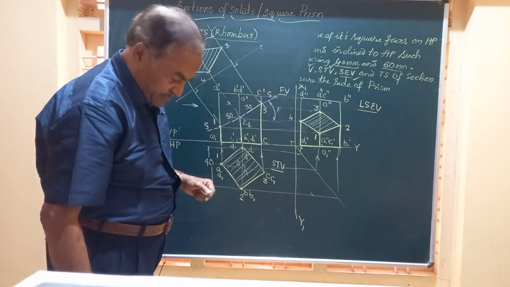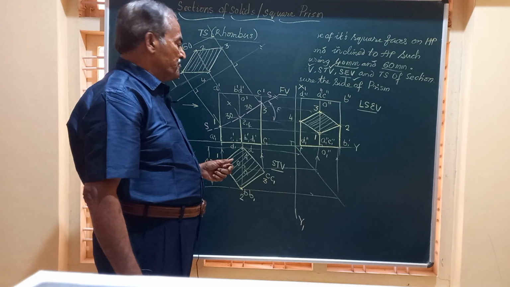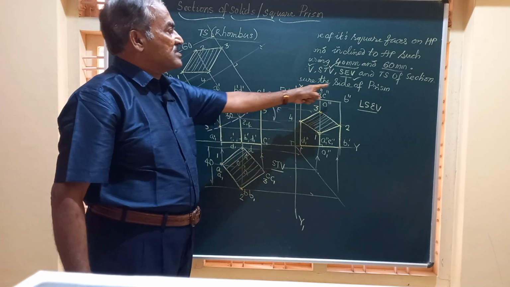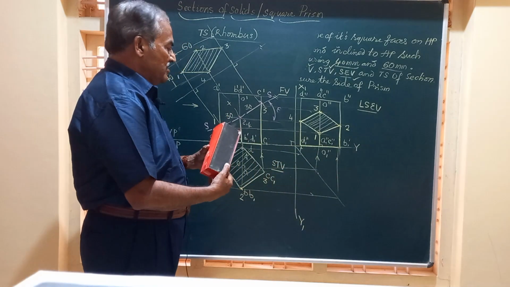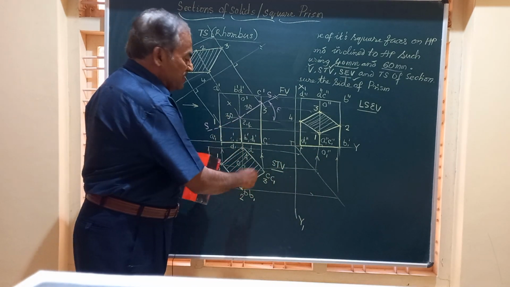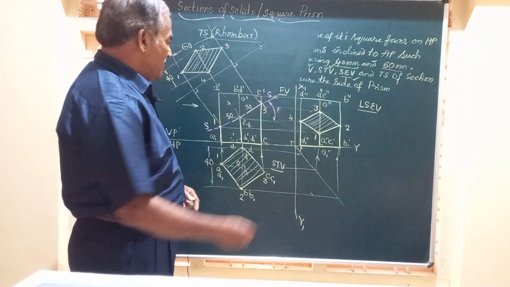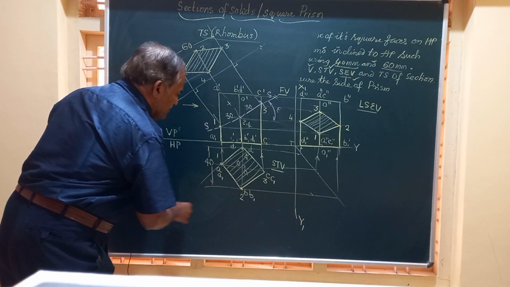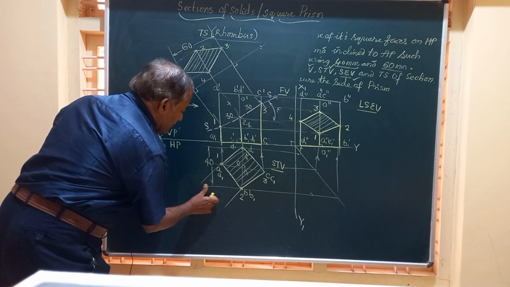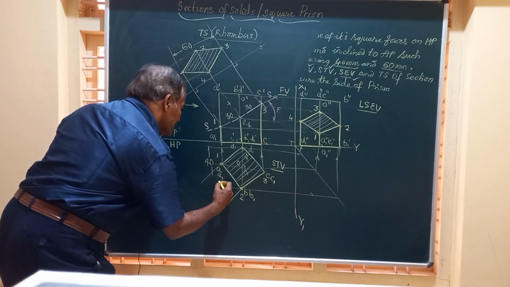Finally, friends, you have been asked to find out the dimension of the side of the prism. They had not specified it in the beginning. Now they are asking what should be this side. Friends, after construction of all these, if you just draw lines parallel to this, you can find out what is the distance.